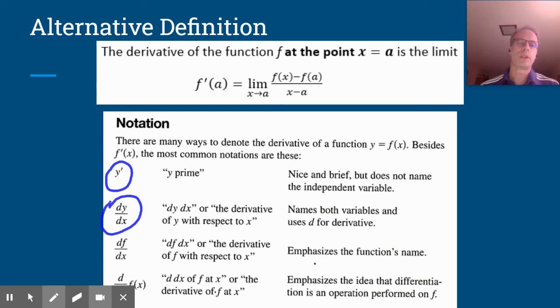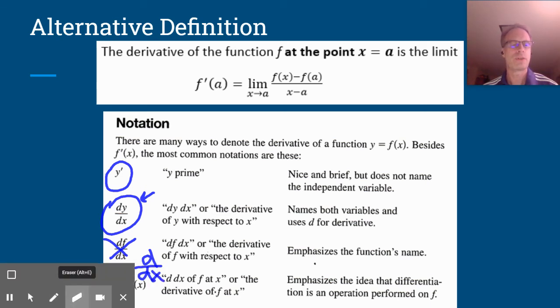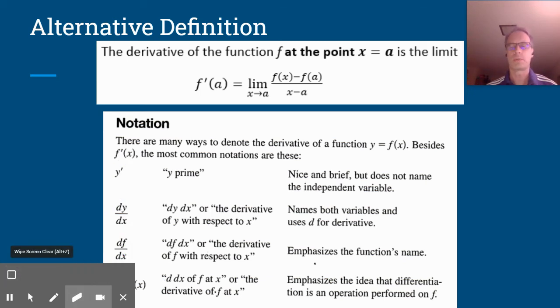But it is a really good signaler and doesn't get as lost. So in some cases, this is going to be your preference. df/dx is almost never used for our purposes, and you can't see it, but that actually says d/dx, so it has d over dx of f of x. And that's not earth-shattering. It's just another way to write it.